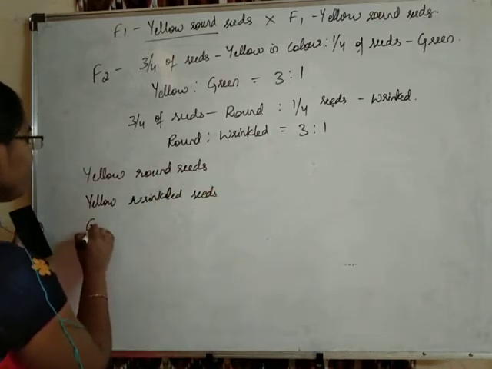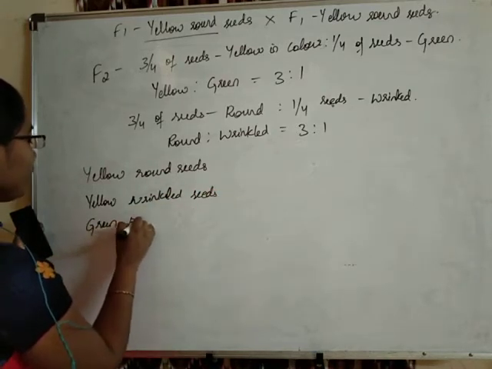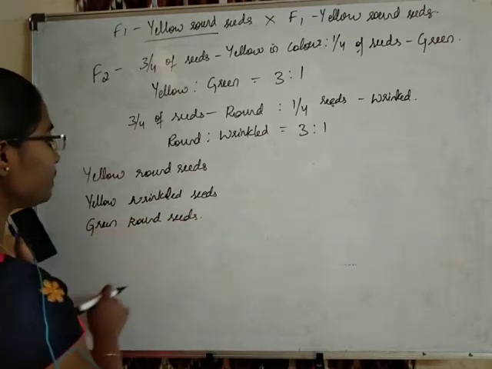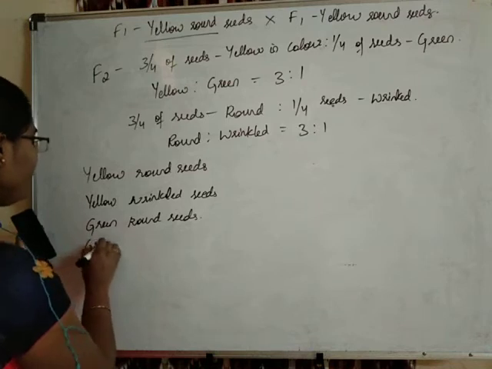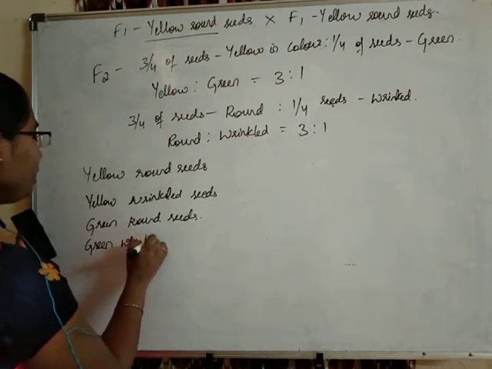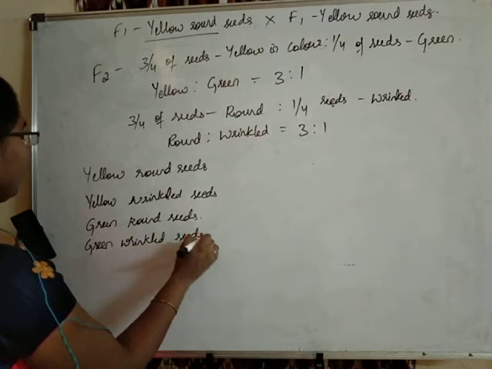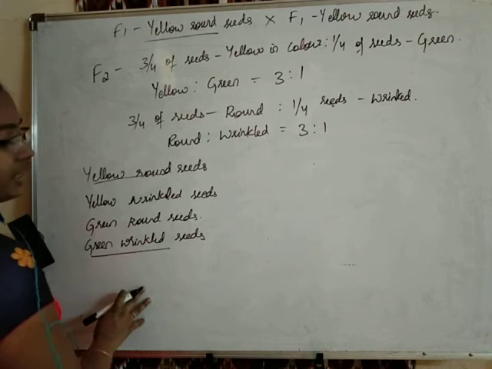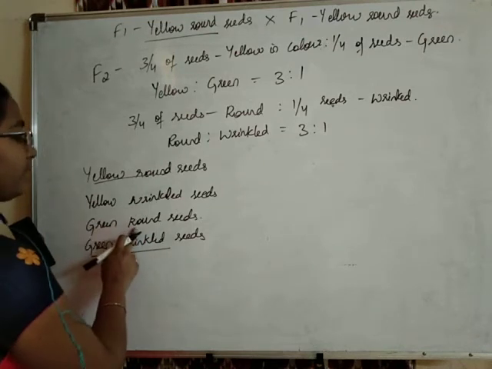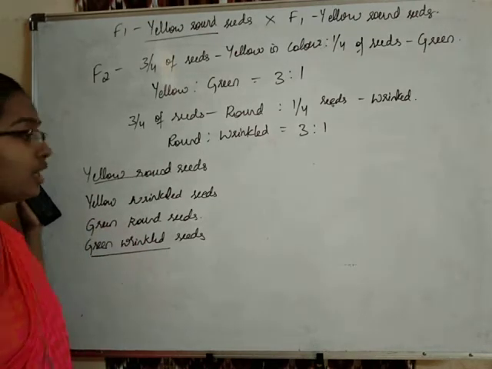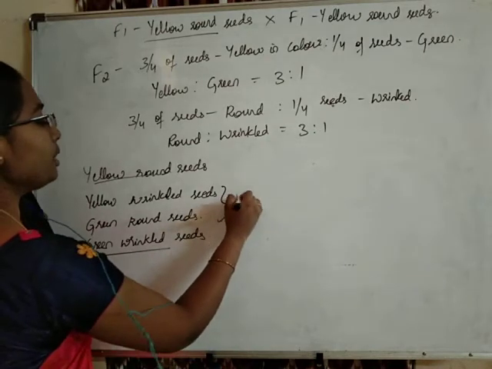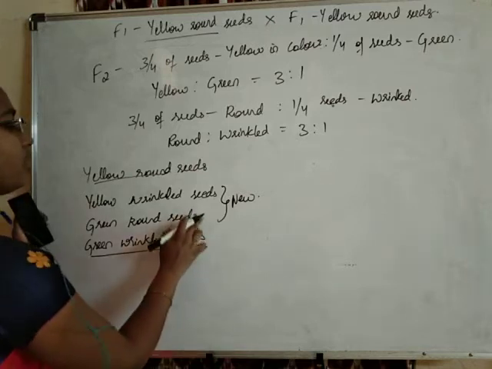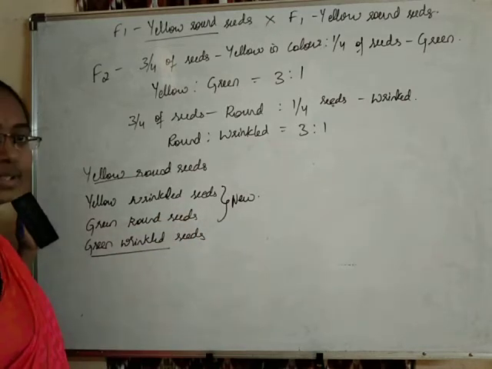Yellow round and green wrinkled were seen in the parents, but yellow wrinkled and green round seeds were not seen in the parents. So these two are the new combinations which have been observed.